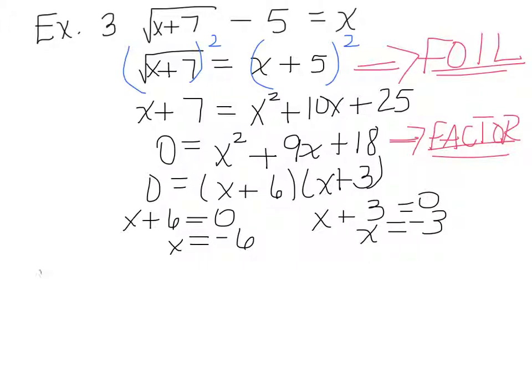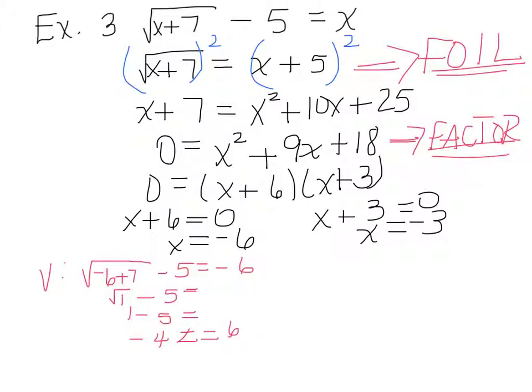We have to check and see. So we're going to get square root of 1, which is 1, minus 5. -4 does not equal -6. So -6 is what we call extraneous.